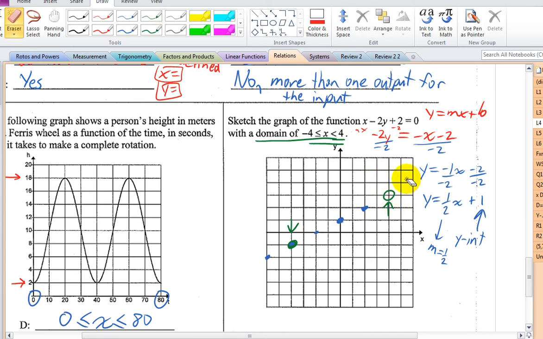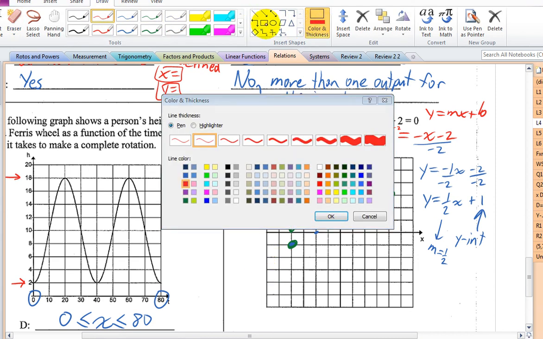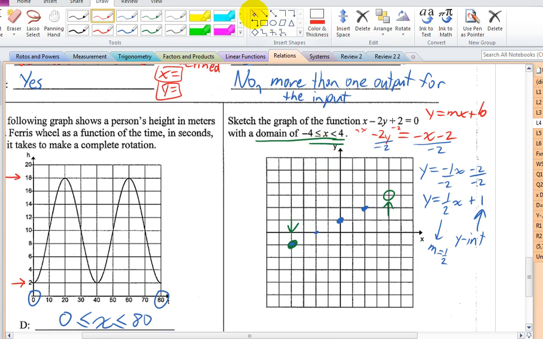Now I have to erase everything outside of those points. So here, my line goes from the bottom point, which is a closed circle. There you go. So that's what your line should look like.